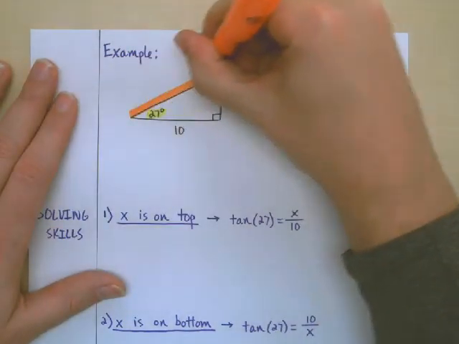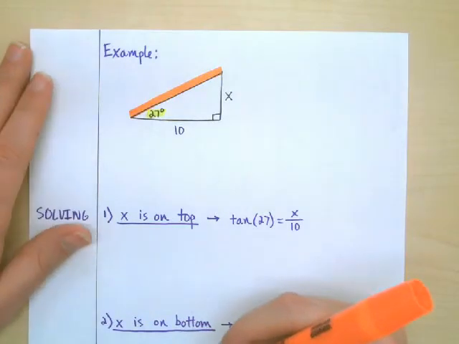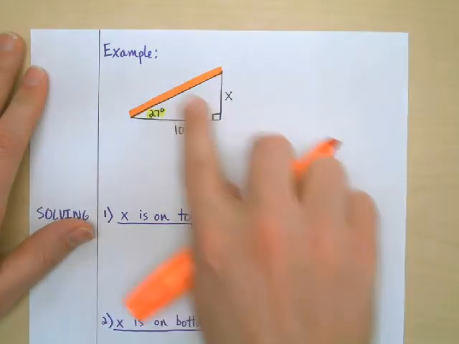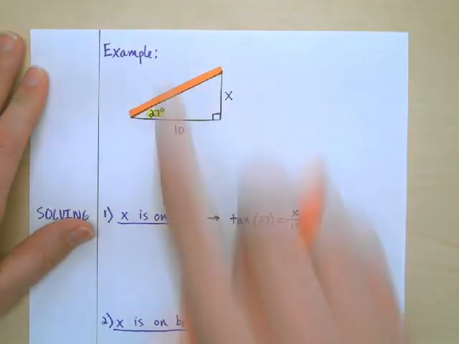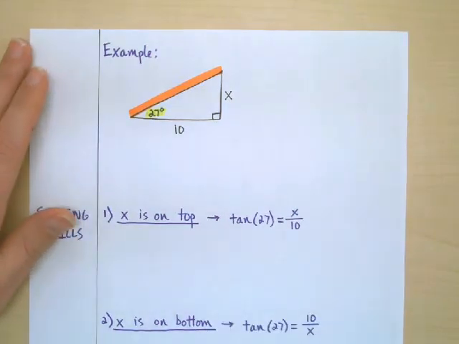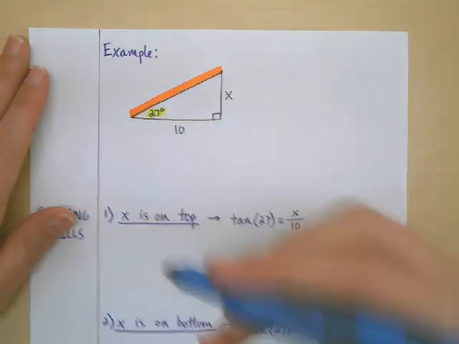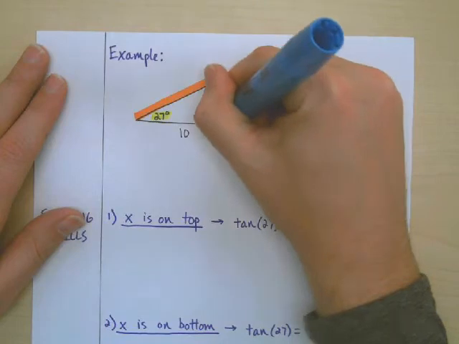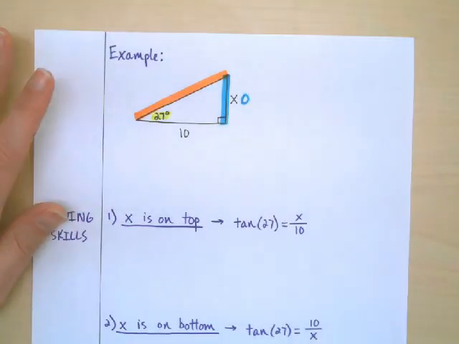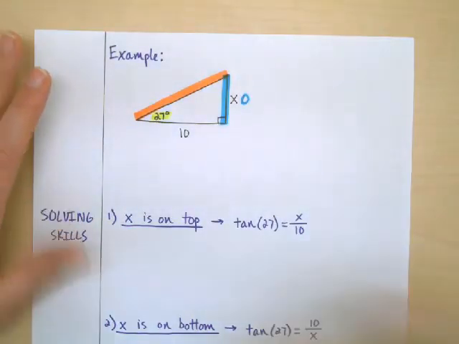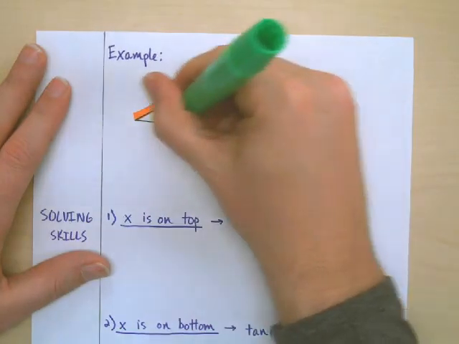This side is the hypotenuse, but I'm not going to label the H because there's no value or variable on H. So I'm not going to write the H, I'm just going to skip it. I'm going to move on to O, opposite. There is a variable, so I write the O. And then A, adjacent.